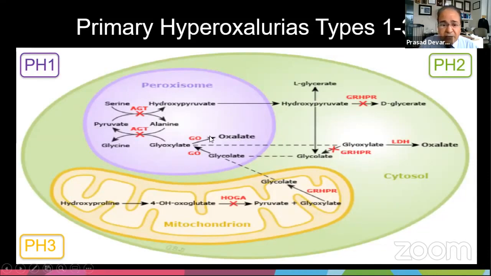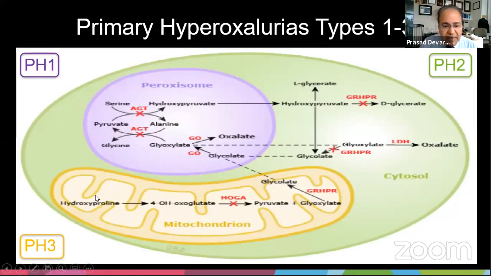And then in the cytosol, both oxalate and glyoxylate are converted to oxalate by a common enzyme, LDH, lactate dehydrogenase, we all know it. And so when there is a problem with this enzyme that should be converting glyoxylate to glycolate in the cytosol, we get excessive production of oxalate.